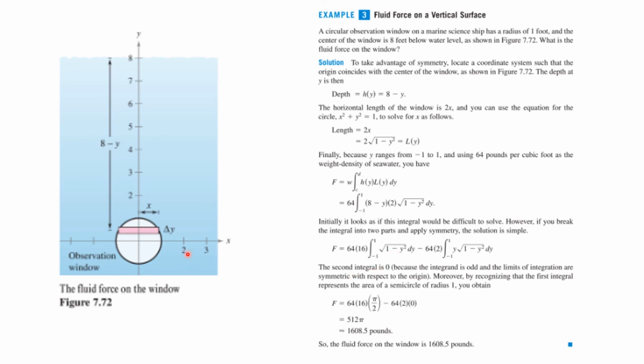Actually we go from minus 1 to 1, and so that means we're doing half of that, so that's pi over 2, and this you just do a u substitution. You should check that, but you get the exact answer is 512 pi, and if you round things off you get this. So that is the fluid force on this window.